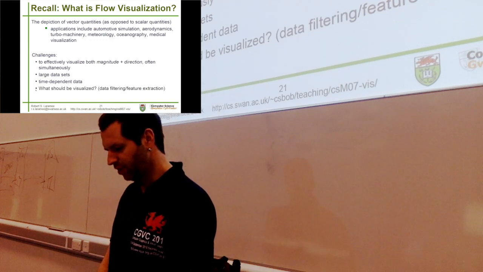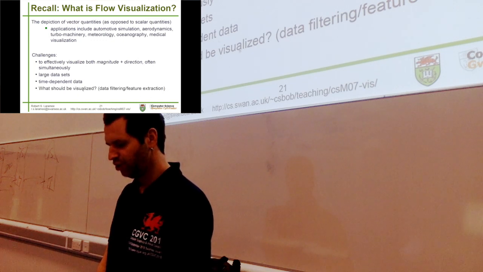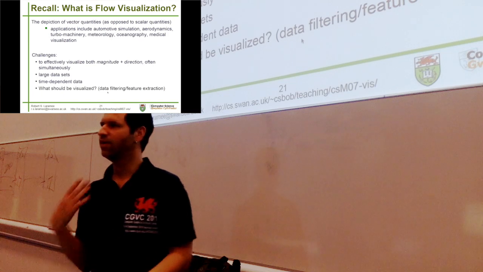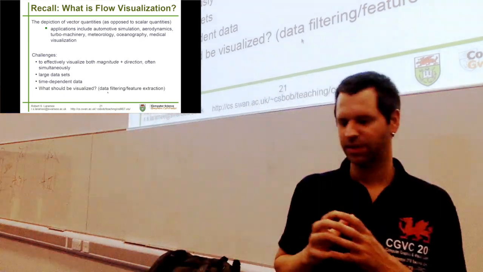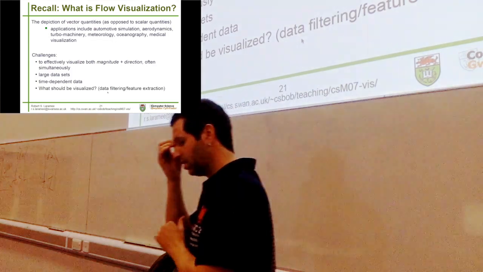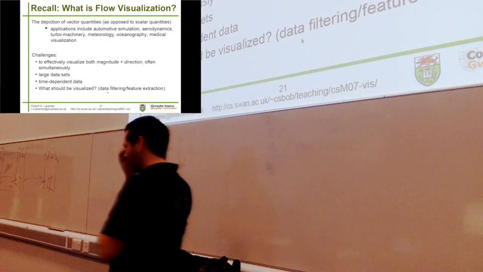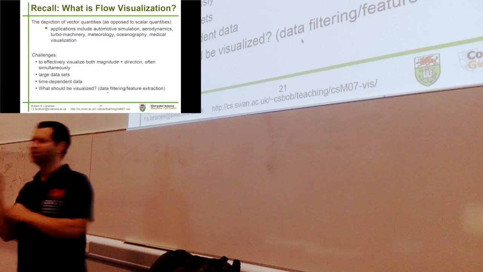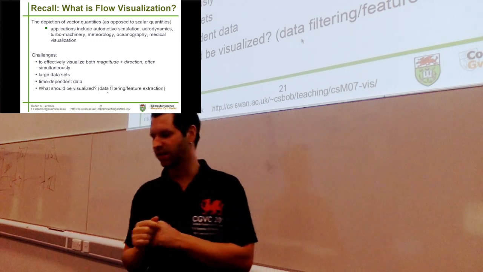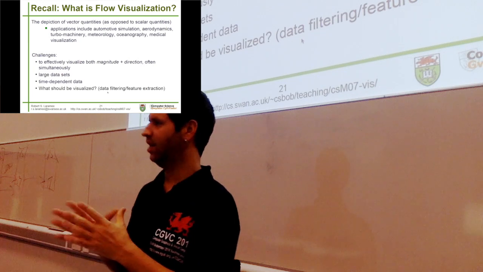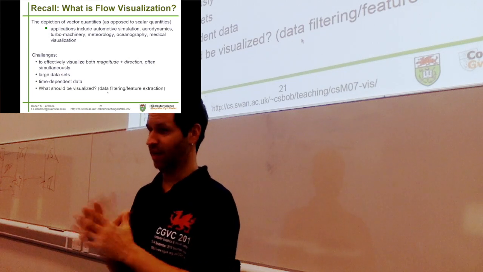Feature-based flow visualization is all about this aspect: what should be visualized if you have a 4D flow? What subset do we actually visualize? It is trying to make a decision about what subset of the flow we should visualize, because we usually cannot see the whole thing at the same time.